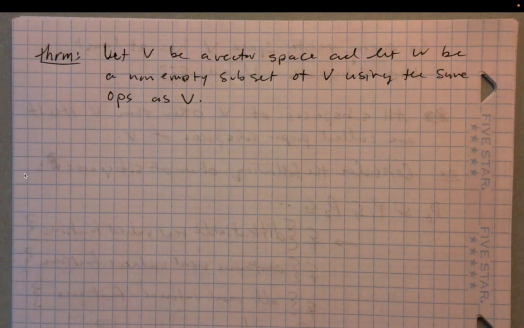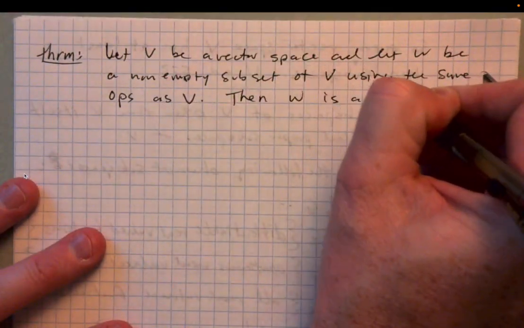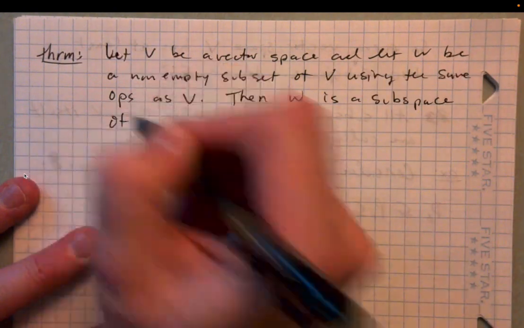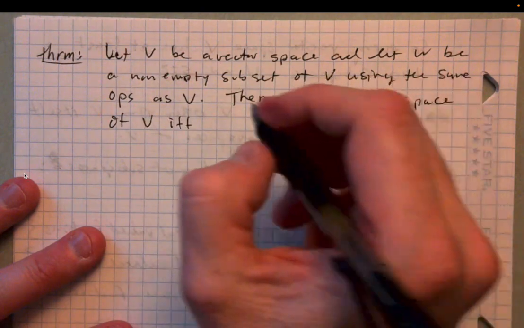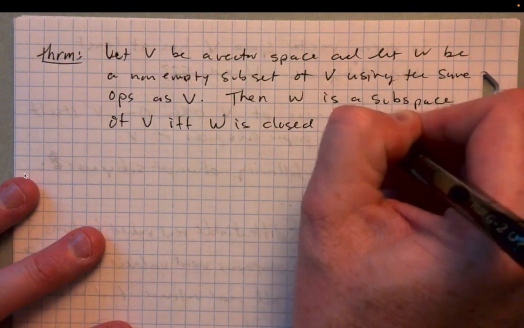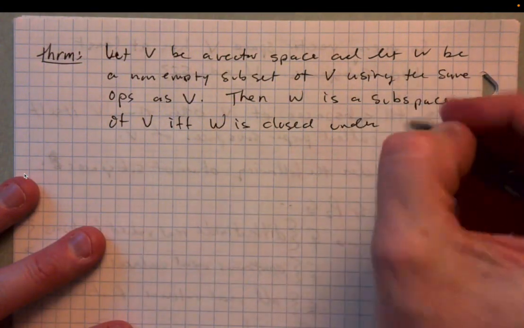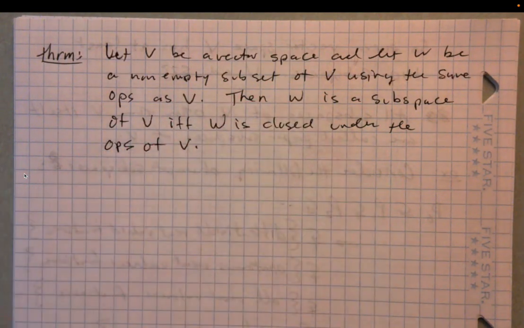Then W is a subspace of V if and only if W is closed under the operations of V, namely vector addition and scalar multiplication.